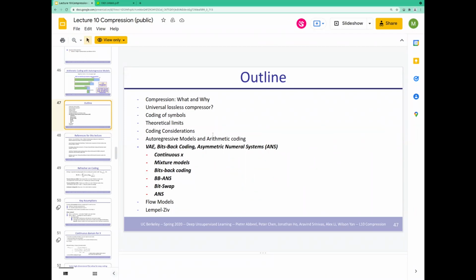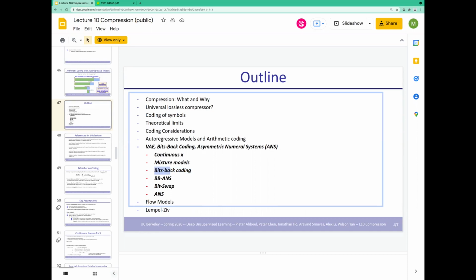With this one, I probably need a lot of help here, because I'm a little bit confused with some things. But the main idea of the second half of this is basically bits back coding.